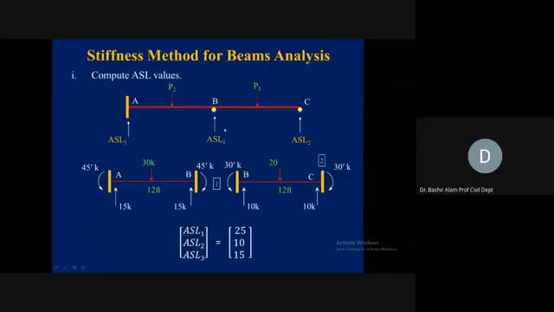Then here we are taking the total reaction, which is why we are adding this 15 and 10, and this is how we get this 25. So quickly now, you draw this bottom sketch and complete your ASL matrix.